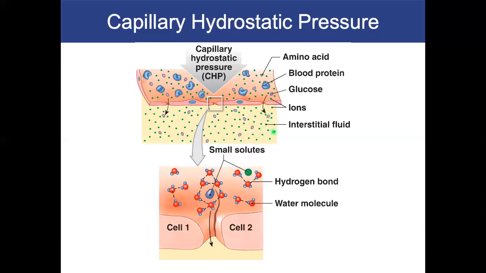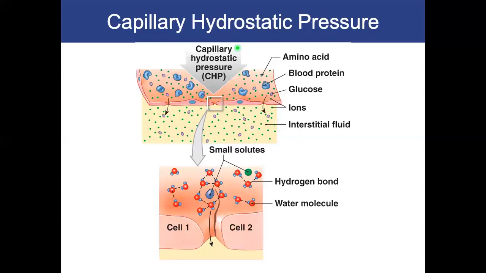And once it gets to the interstitium, make a note: then your cells can take whatever they need, right? And then the cells are going to kick out waste into the interstitium. What forces molecules through the endothelial lining? It's the hydrostatic pressure. So if you look at the top picture, it says capillary hydrostatic pressure, CHP.